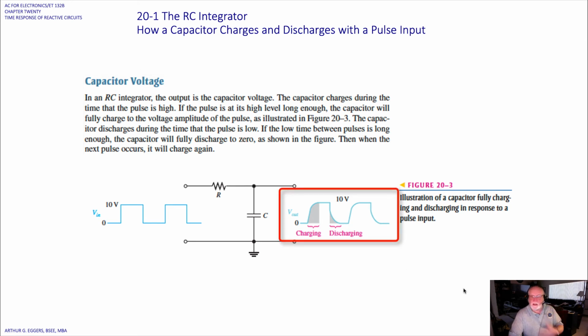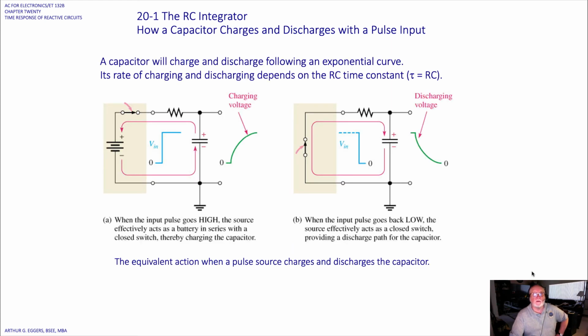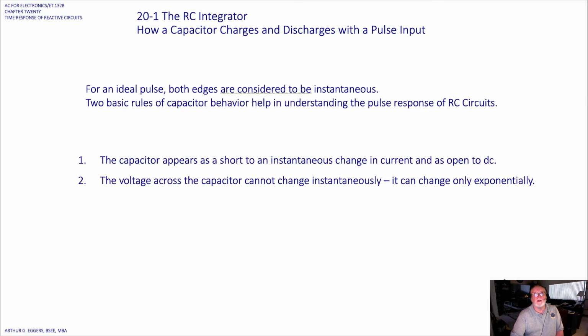So this is, again, characteristic of what we already saw when we looked at time constants in DC. So there's our circuit that we just looked at, and the representation of the output versus the input when we apply a square wave to that capacitor. For an ideal pulse, both edges are considered to be instantaneous.